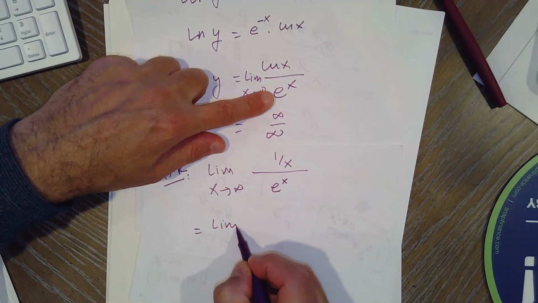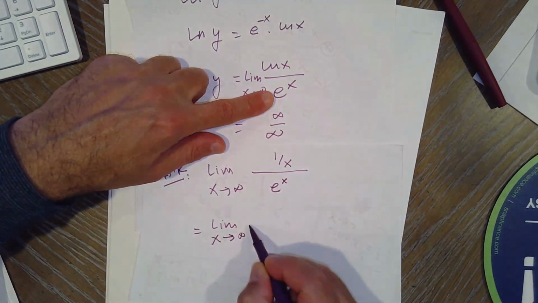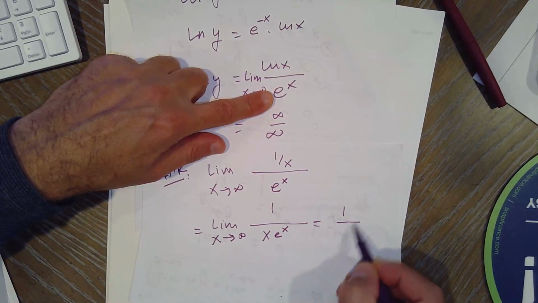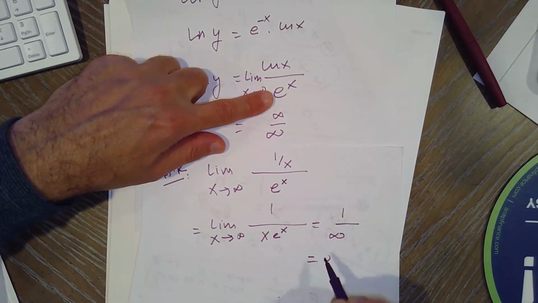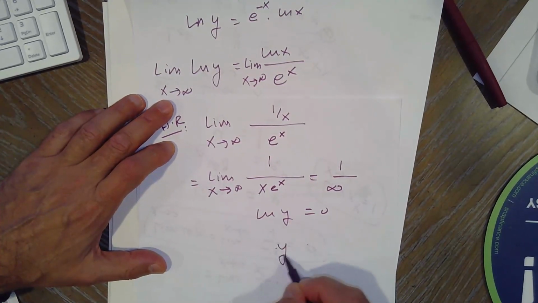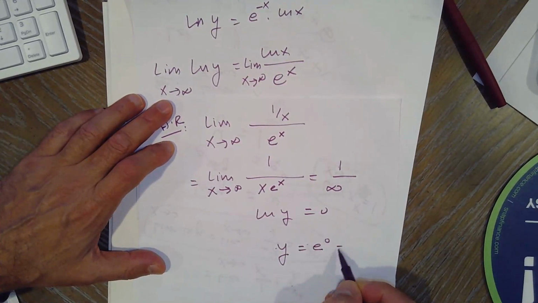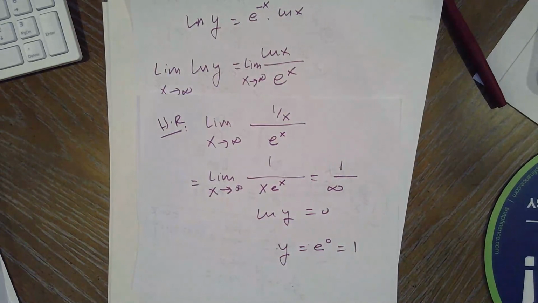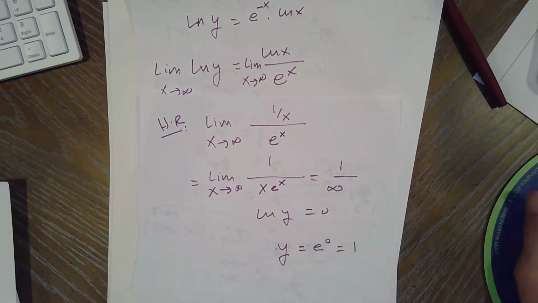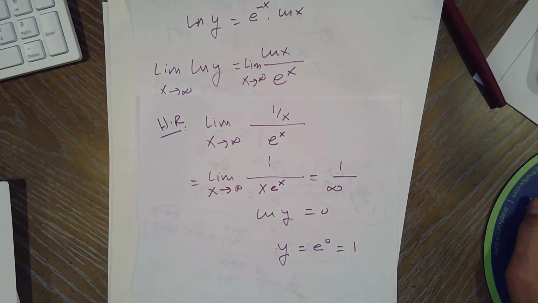So this is the limit as x goes to infinity of 1 over x e to the x, which is 1 over infinity, which is 0. So we found that ln of y equals 0, so y equals e to the 0, which is 1. And that's it for 4.4. Please review all these rules and make sure you know how to deal with each and every one of them.